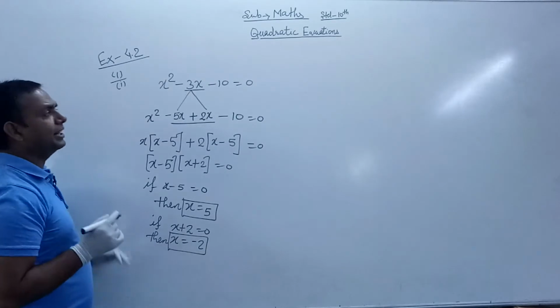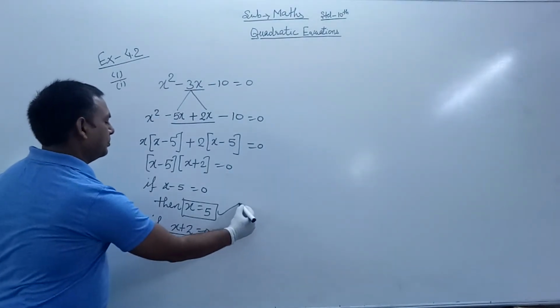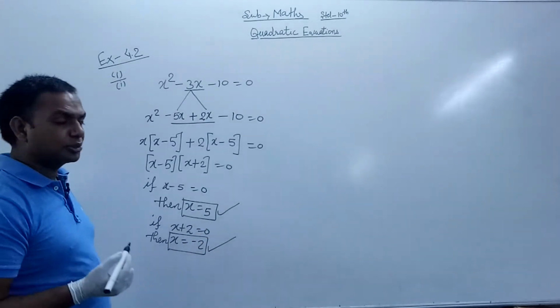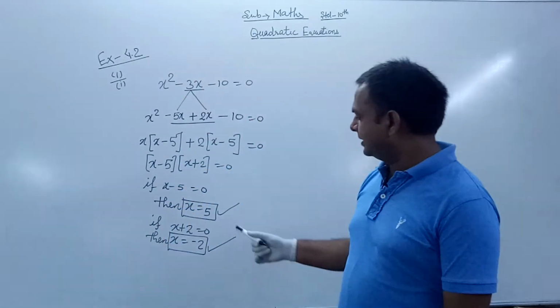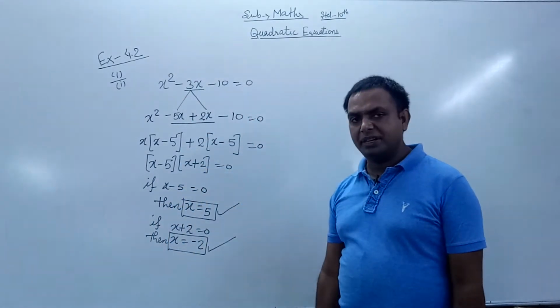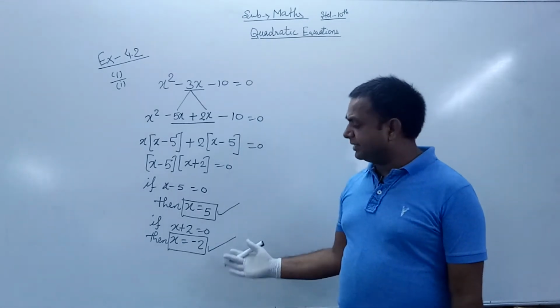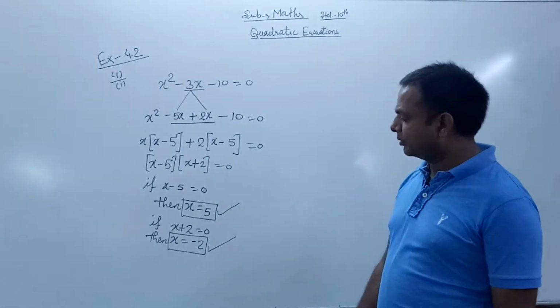So the solutions of this quadratic equation are x equal to 5 and x equal to minus 2. This quadratic equation has two solutions: one is x equal to 5, another is x equal to minus 2. I think all of you understand and see this clearly.